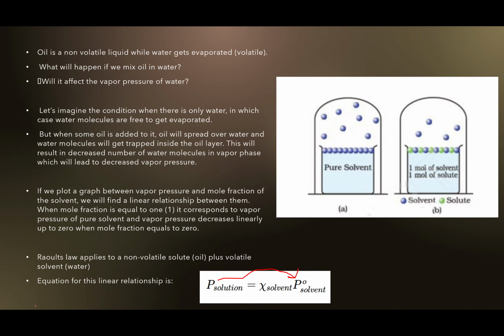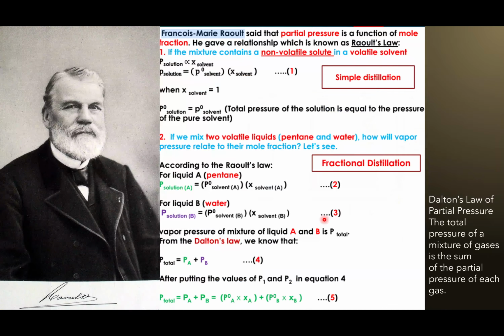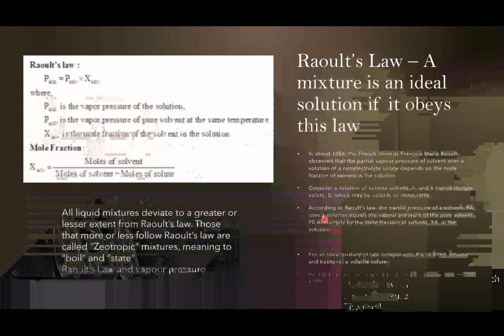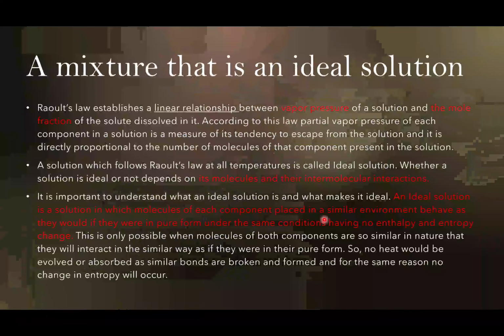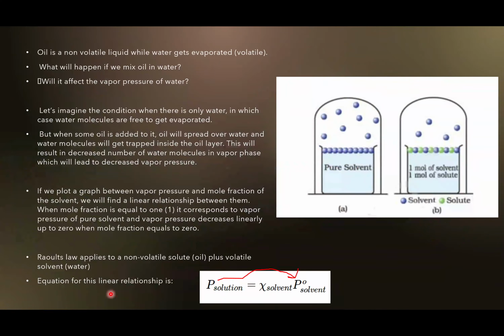So if we plot that graph, it should look something like this. The graph is actually within the PowerPoint somewhere down, but it's going to have that linear relationship. Let me have a look at this.